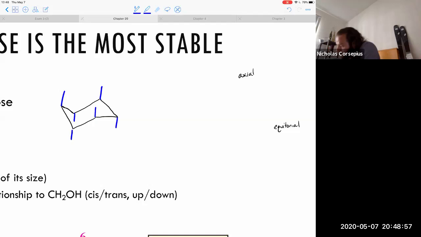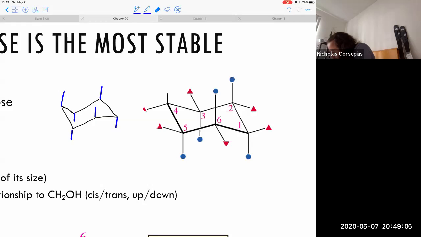All right, the last thing that I want to review about our chair structures here is with regard to cis and trans. So actually, let me get rid of most of these.